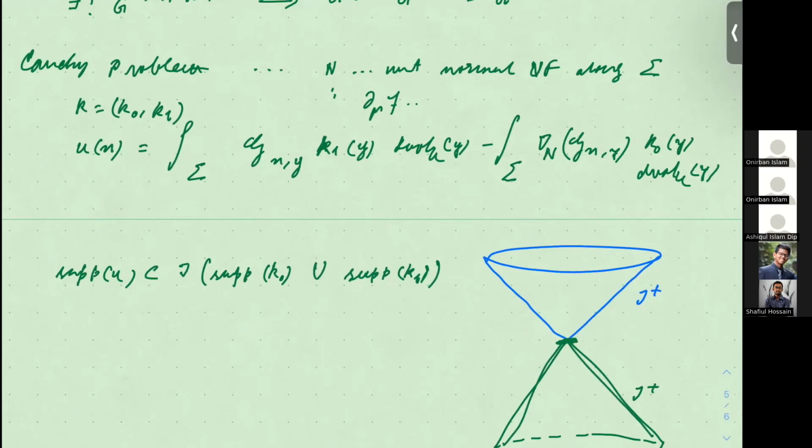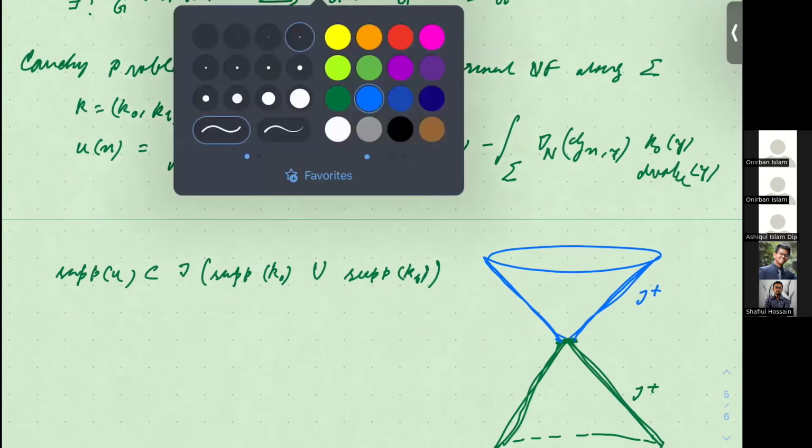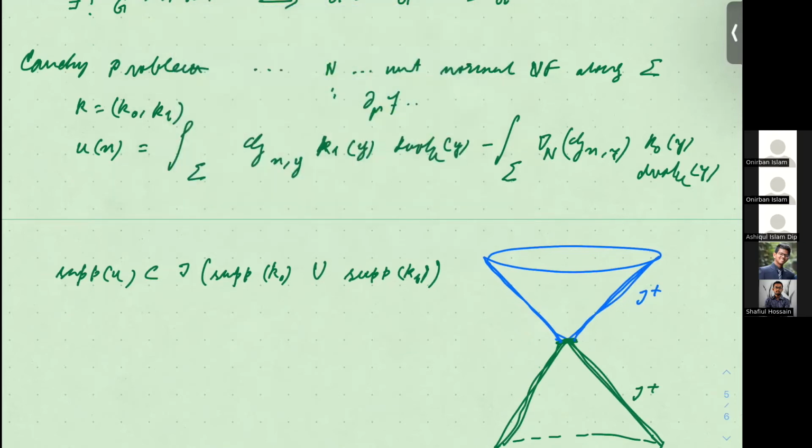It will push backward, whether it has positive energy or negative energy, doesn't matter. And at the same time, it will also push forward, whether it has positive energy or negative energy, doesn't matter. Okay, I see. So that's actually a very important distinction between the Feynman propagator and the causal propagator.